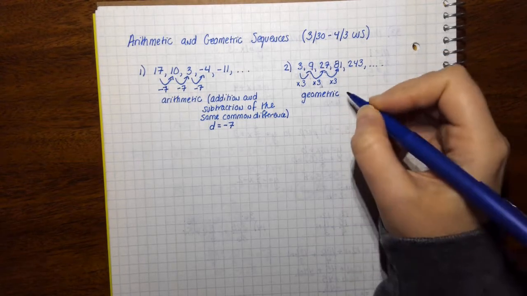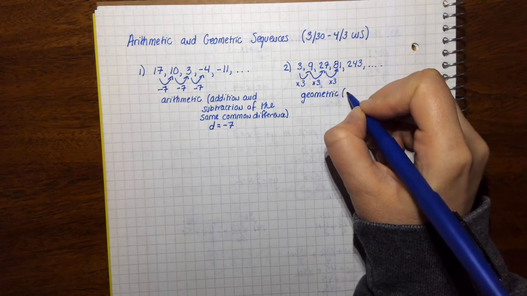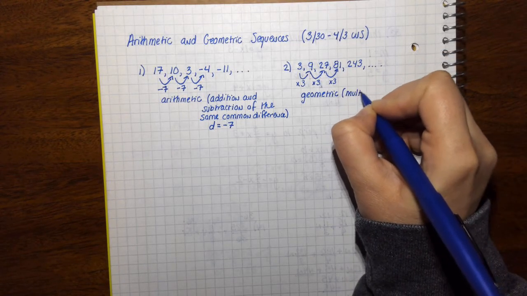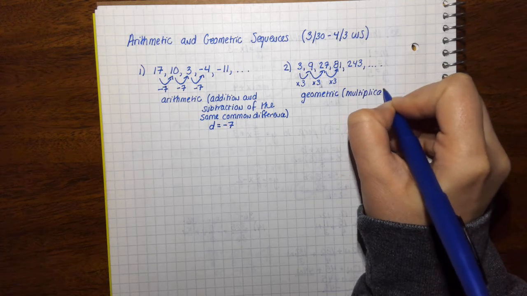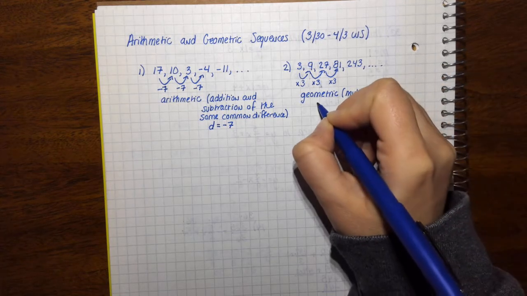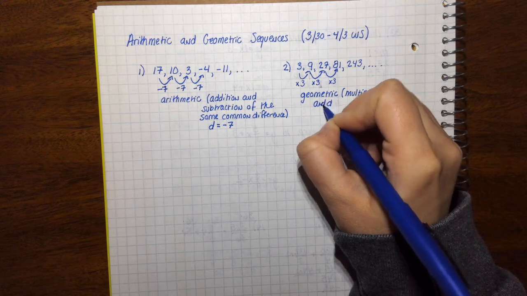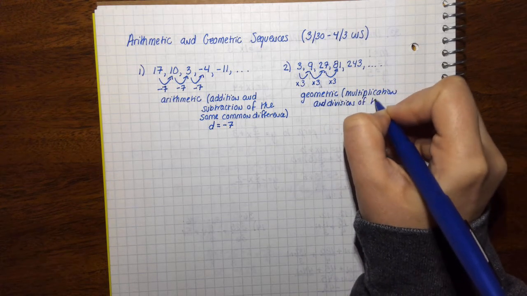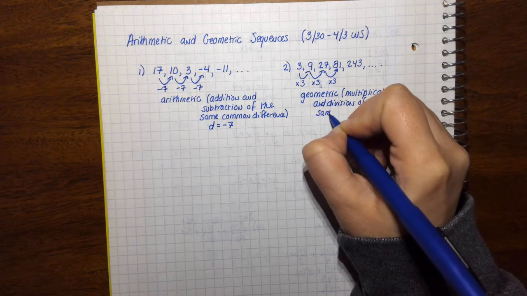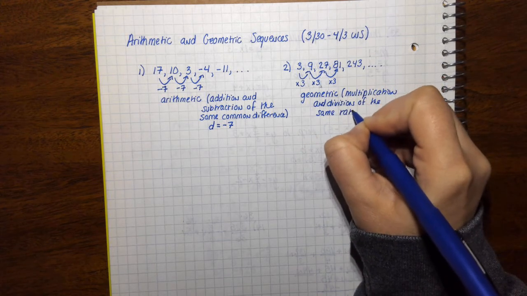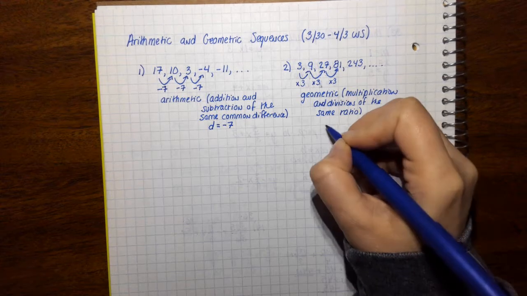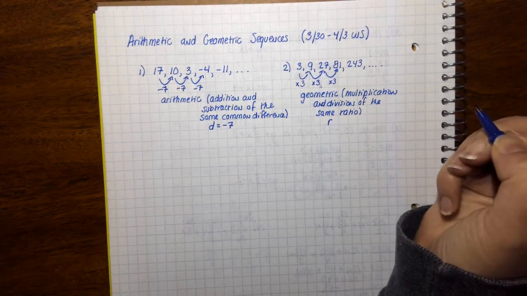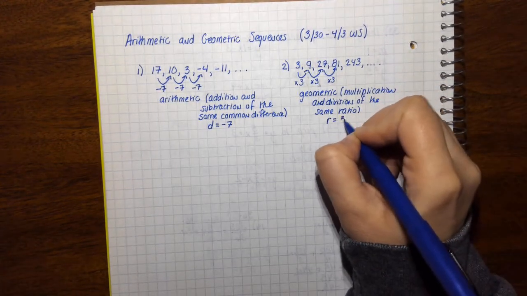and geometric sequences are repeated multiplication and division of the same ratio, and we call that ratio R, and in this case R is 3.